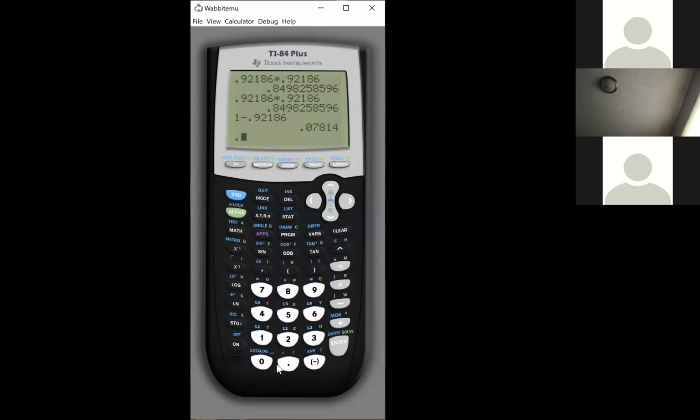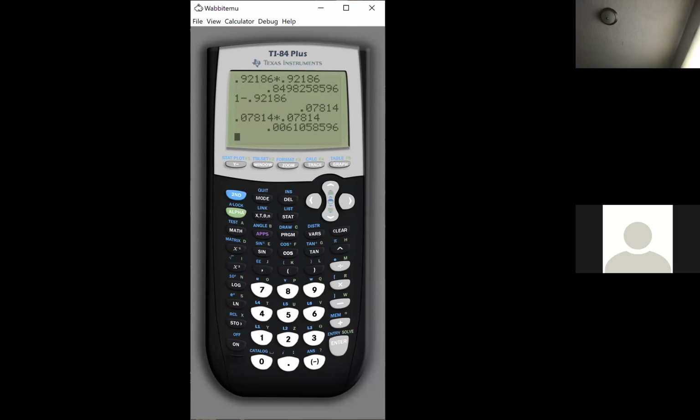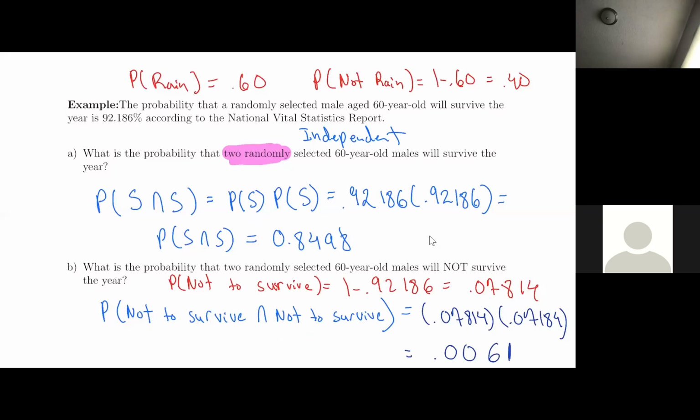On the calculator, you enter 0.07814, multiply it by 0.07814, and you get about 0.0061. And that's your answer.